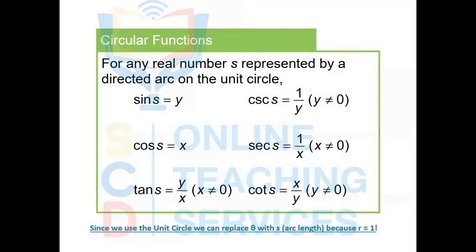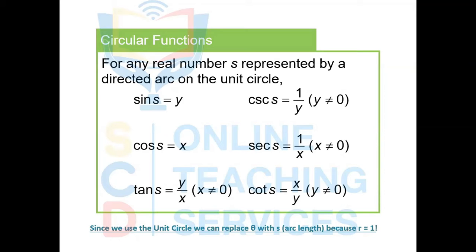Okay. Now, the circular functions for any real number s are represented by a directed arc on the unit circle. So when we say sine s, that pertains to our y, cosine s pertains to our x, and our tangent s is equal to y over x.